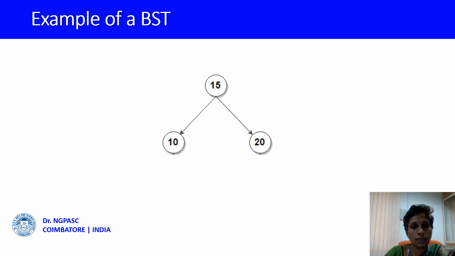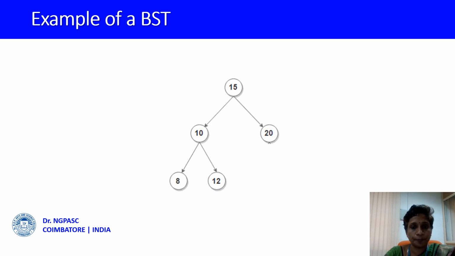Here we can also see that the left child 10 is less than its parent, that is 15. Similarly, the right child 20 is greater than its parent 15. Both the conditions or both the properties of a binary search tree are satisfied here. So hence this is a binary search tree.